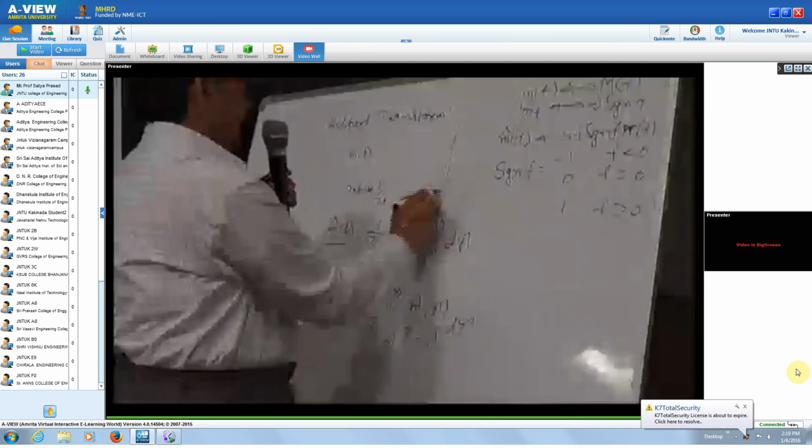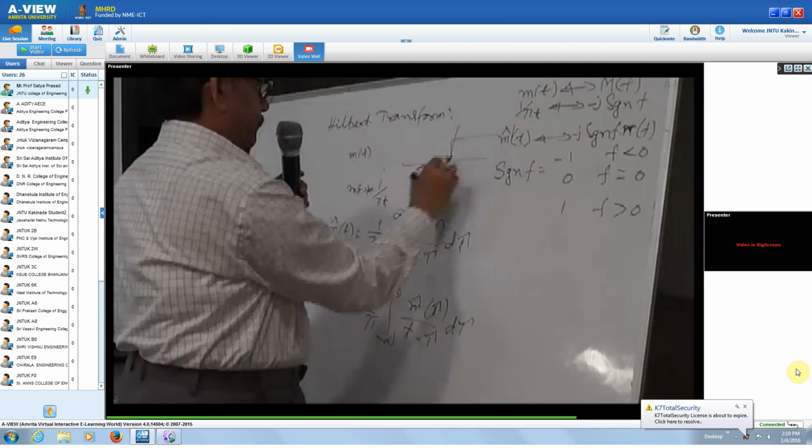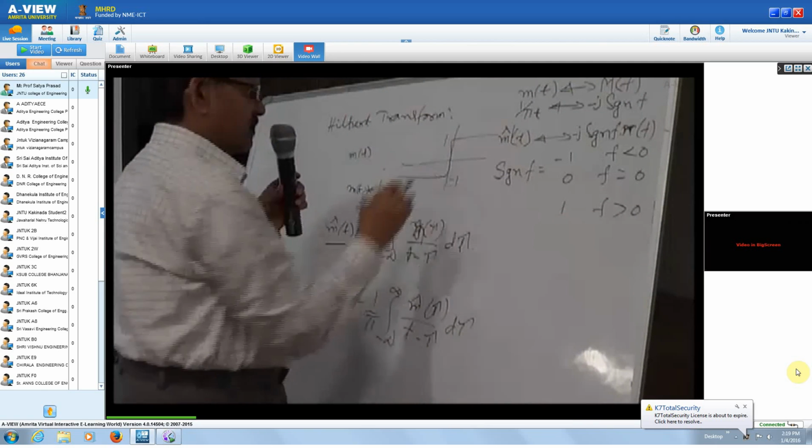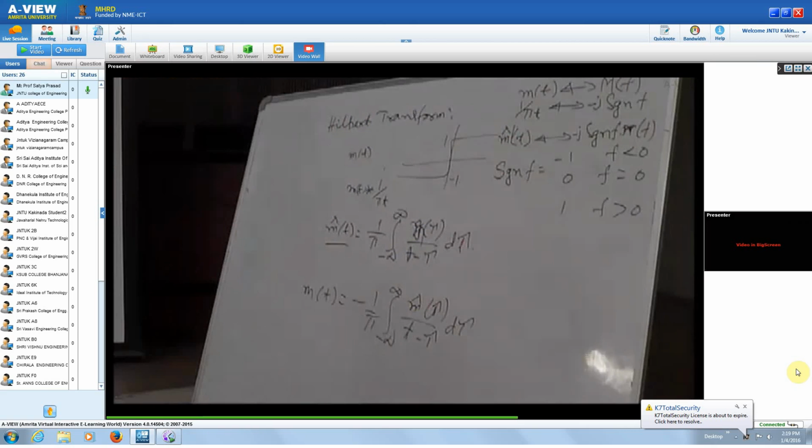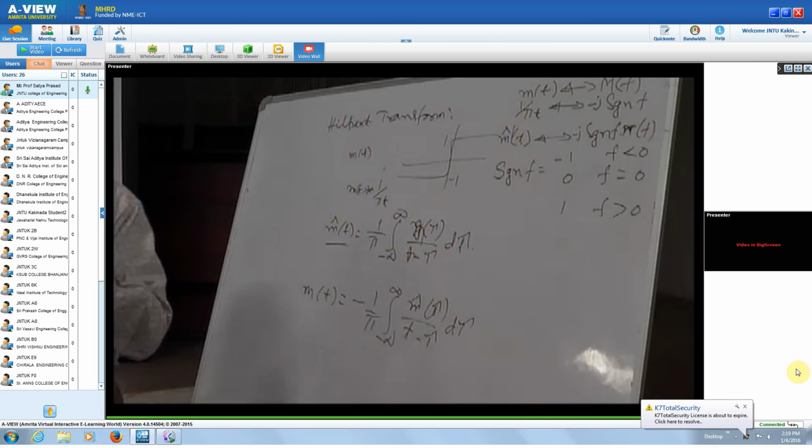Or you can say 1 and minus 1. This is your signum function. Positive frequency corresponds to 1, negative frequency corresponds to minus 1. So this is what we have studied about the Hilbert transform when we were talking about signals and systems.